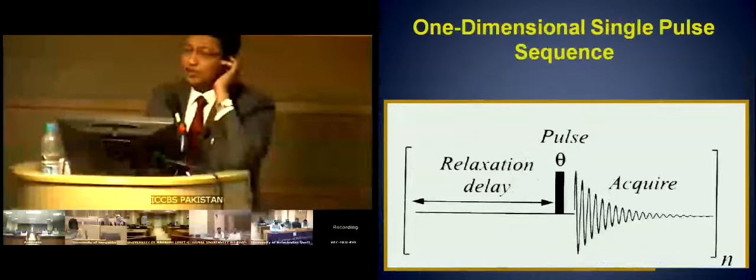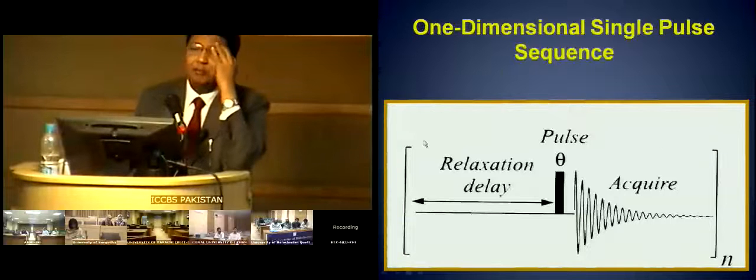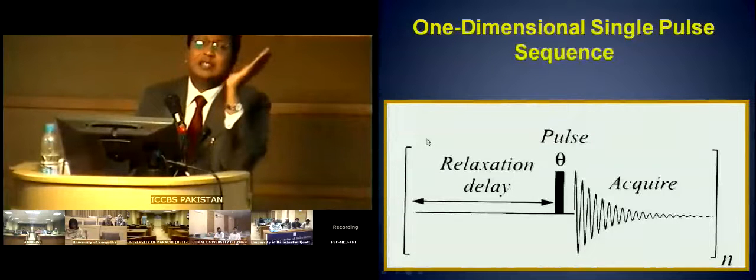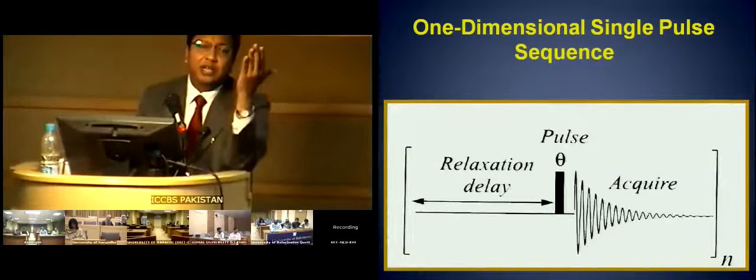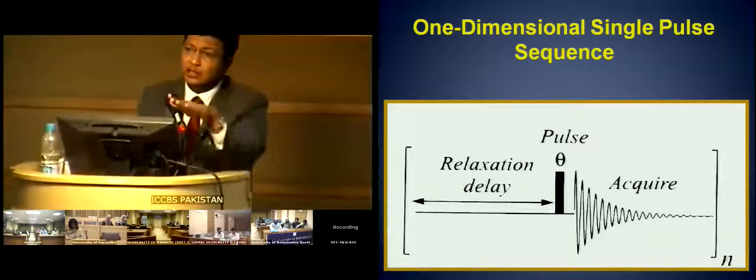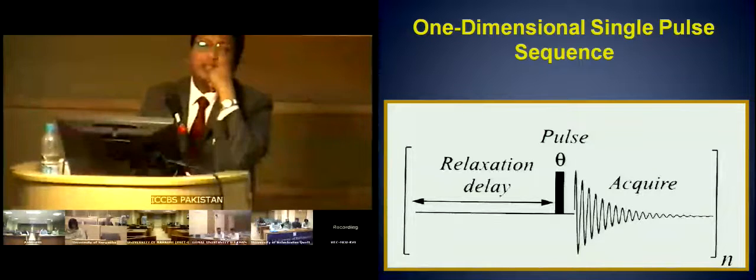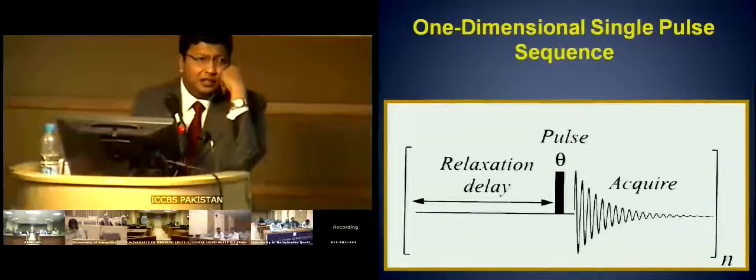One-dimensional NMR is literally what it is. Okay, not much exciting NMR spectroscopy. Essentially, you bring your magnetization vector from longitudinal to transverse magnetization vector. Essentially, you give delays.